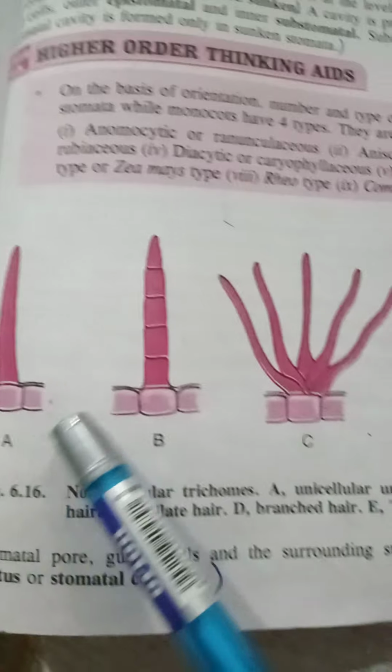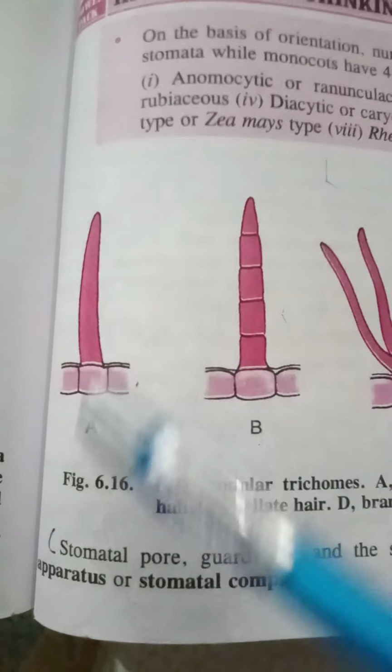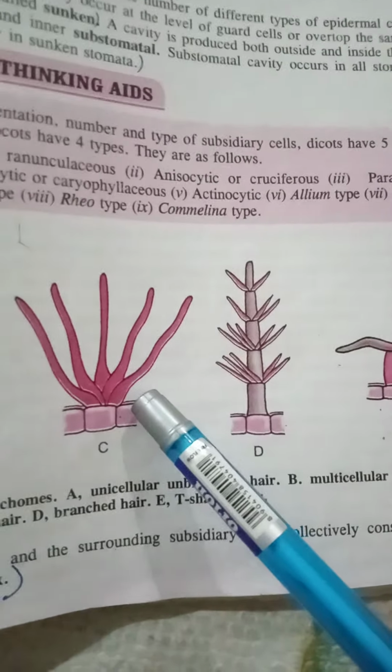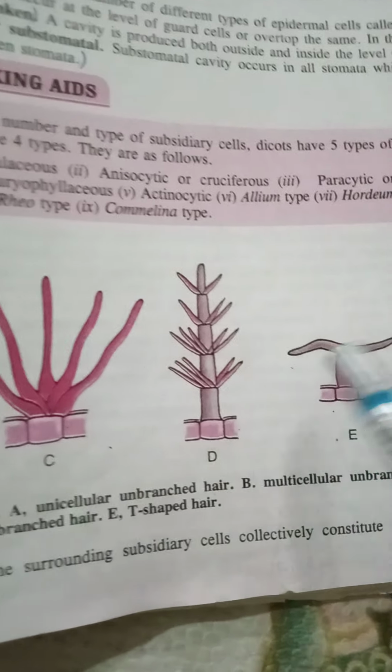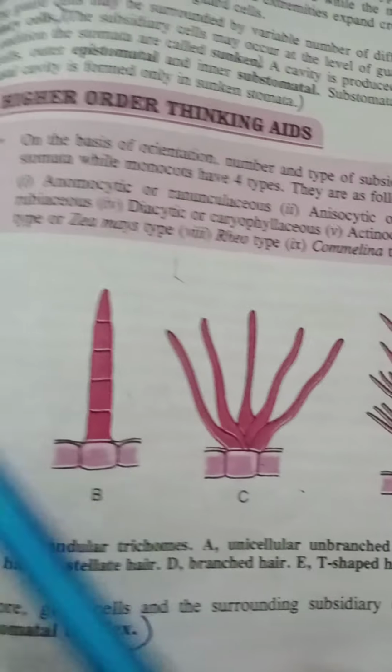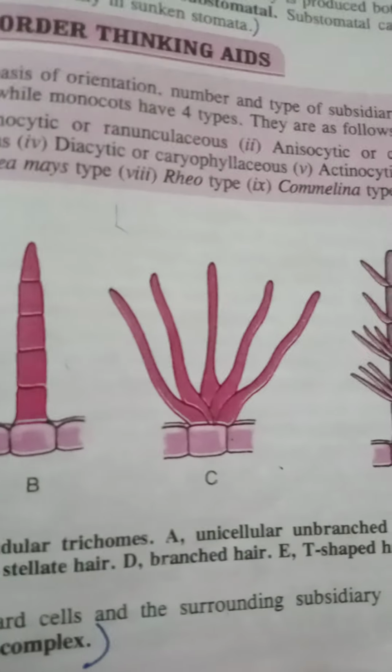In the diagram you can see the different types of trichomes. This is a unicellular unbranched, this is multicellular unbranched, this is stellate hair, this is branched hair, this is T-shaped hair. So these are the different types of trichomes present in plants.